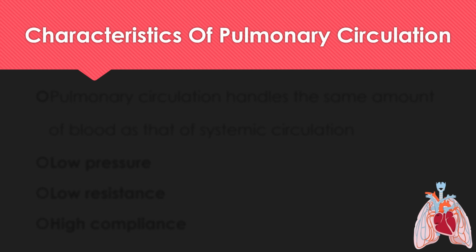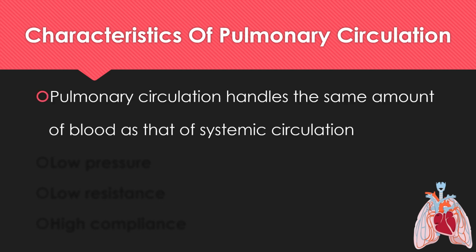The pulmonary circulation is always equal to the systemic circulation. It handles the same amount of blood as the systemic circulation. Five liters pass through the lung in one minute, as in the systemic circulation.